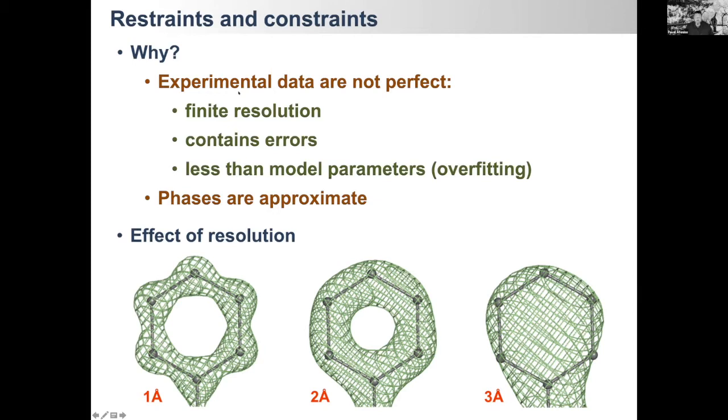The data we measure obviously has experimental errors, and the amount of data, typically in the case of macromolecular crystallography, is less than the amount of model parameters. So there is a risk of overfitting. These are all three major deficiencies of the experimental data.